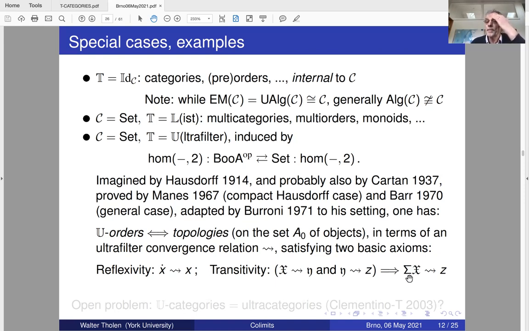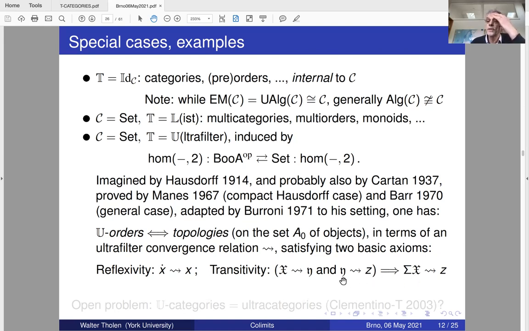The sigma stands for applying the composition rule of the ultrafilter monad. This is called the Kowalski sum of this big filter, and it has to converge to Z.